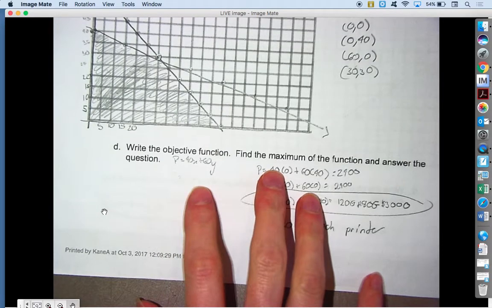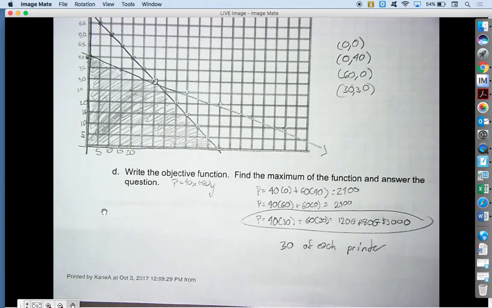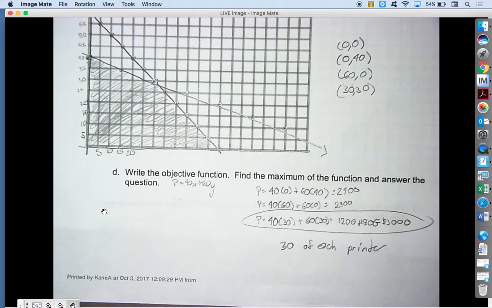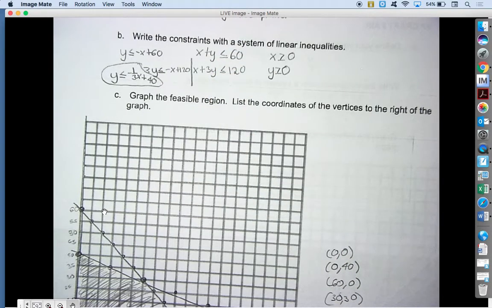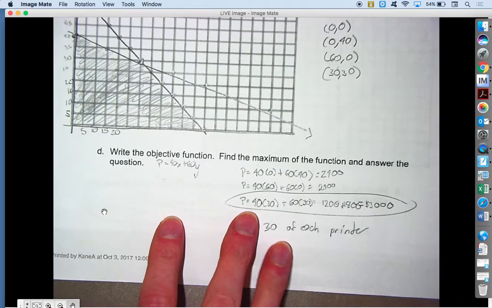So, I think the common thing from today is the profit equation. If it's talking about money and what you're going to earn or the profit of whatever you're selling, that does not go as an inequality, because it's how you're earning money, and we're going to use the inequalities to find out how we can earn the max amount of money.